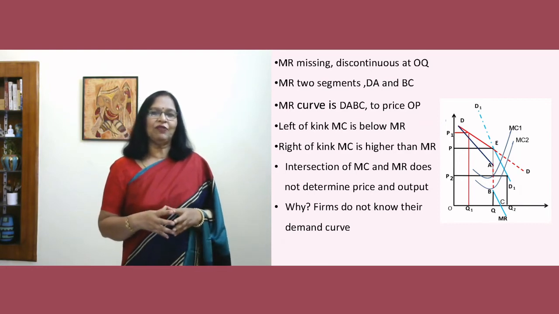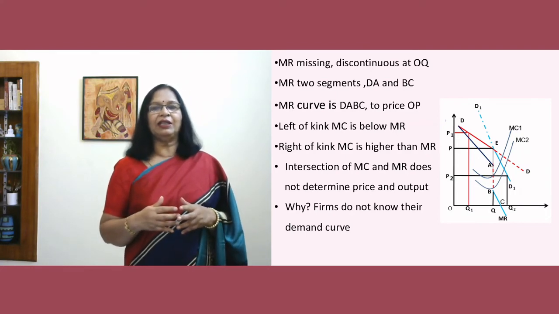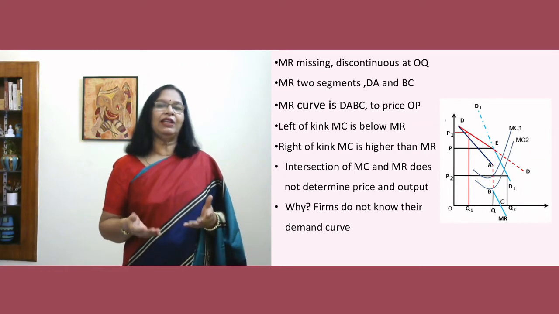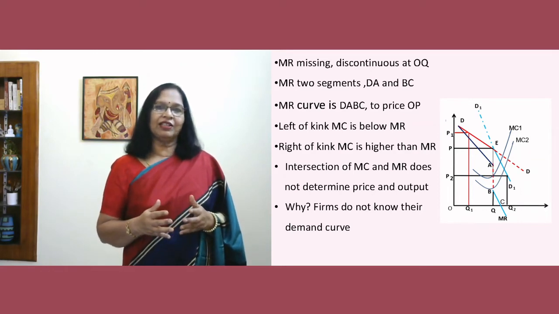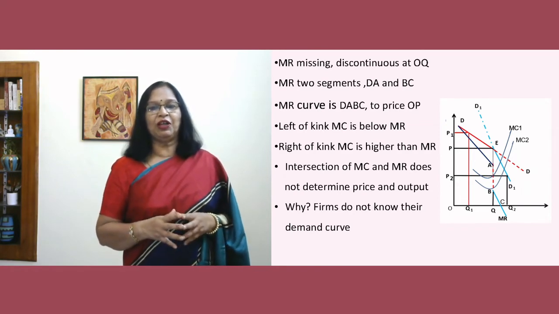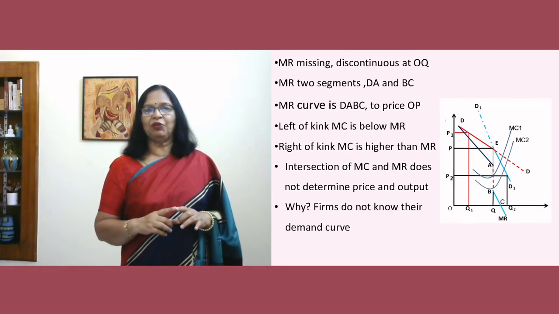Now this marginal revenue curve slopes downward as we understand it, but it stops at point A. Thereafter, we find that the marginal revenue curve is not available. So what happened to the marginal revenue curve there? For a while there is no marginal revenue curve.